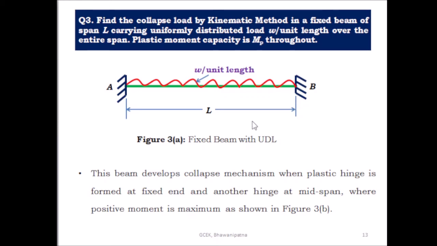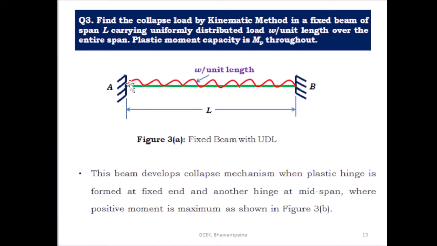In this case, there are 3 plastic hinges formed. That is, 2 plastic hinges are formed at the 2 fixed ends, and the 3rd plastic hinge is formed under the loading in the span AB. This beam develops a collapse mechanism when plastic hinges are formed at the fixed ends and another hinge at the mid span, where the positive moment is maximum, as shown in figure 3b.